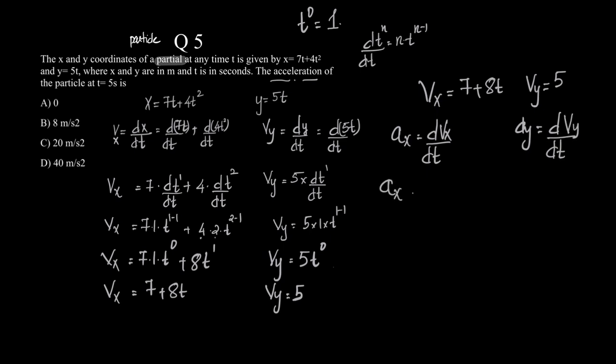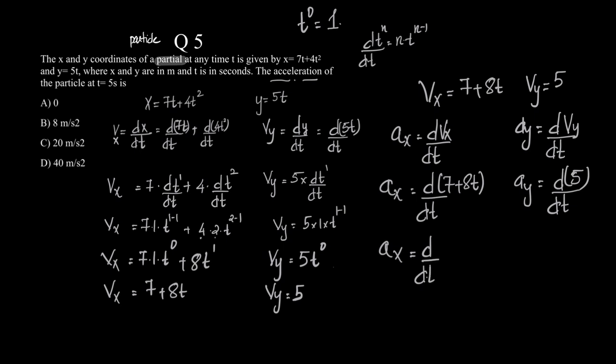In which case Ax is equal to d by dt of 7 plus 8t and Ay is equal to d by dt of 5. So Ax will be d by dt of 7 plus 8 into d by dt of t. And Ay will be equal to 0 because 5 is a constant.